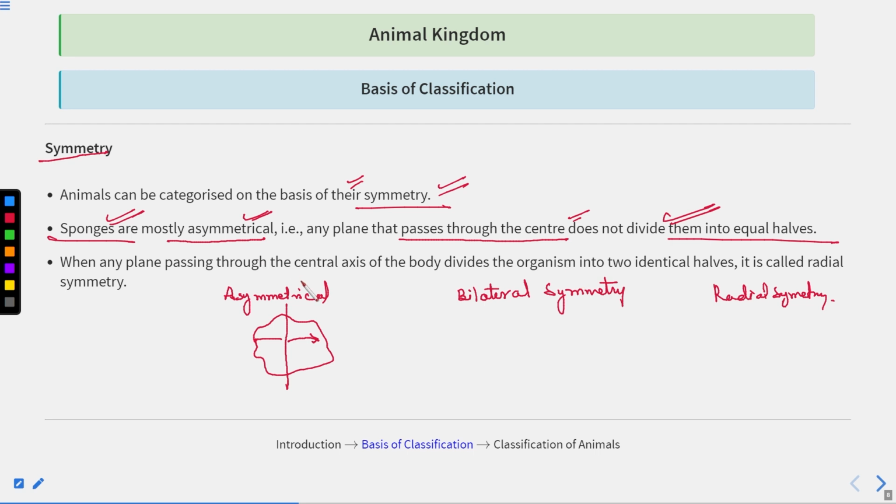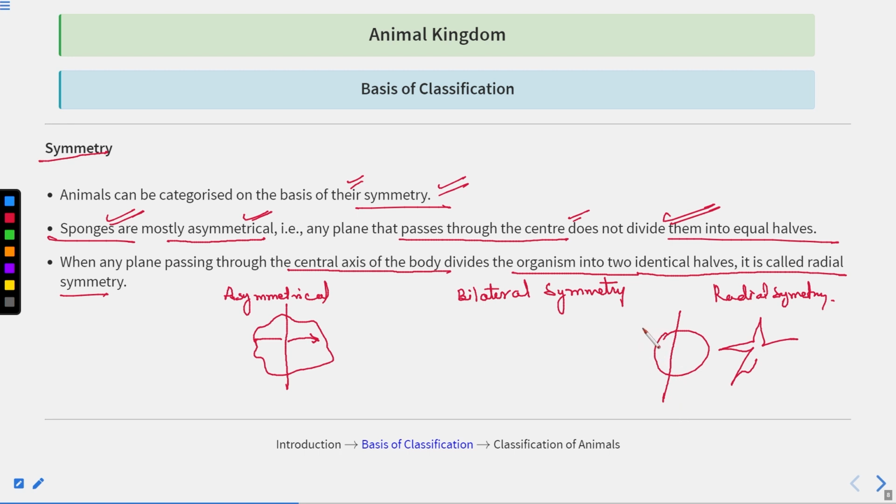And when any plane passing through the central axis of the body divides the organism into two identical halves, it is called radial symmetry. So suppose any organism like a starfish is there, or you can see the ctenophora also. You can divide the organism from the center like this.